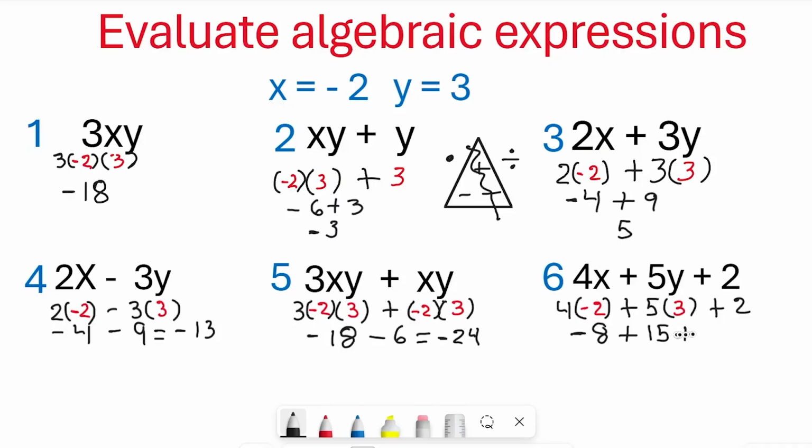And then it's going to be plus 2. Now, these two have different signs. Subtract. Keep the sign of the biggest number. That's how you get positive 7. Bring down the plus 2. 7 plus 2 is going to be 9. And that would be the answer.